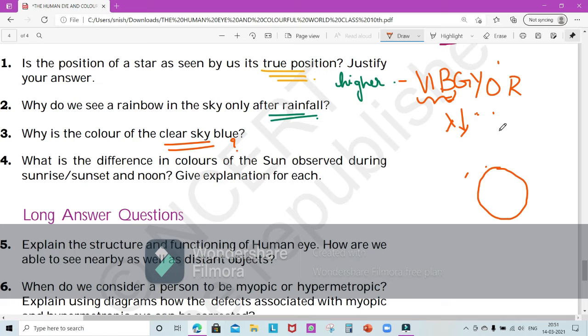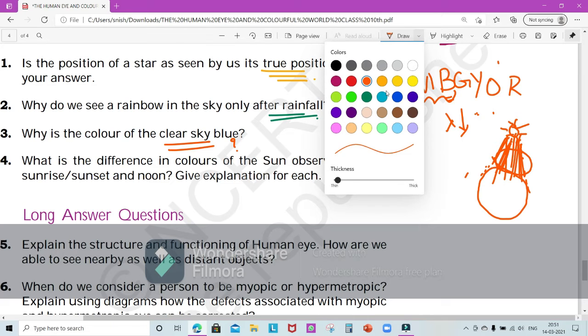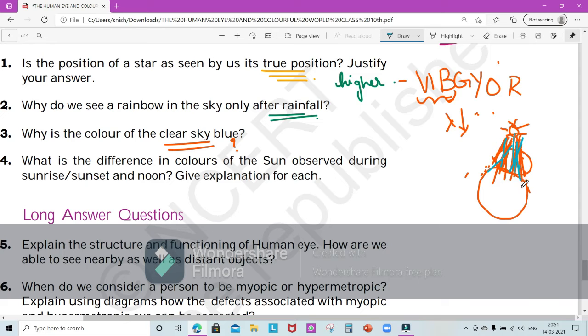In the sense, if this is the earth and we have the sun here, if the blue light reaches like this, it's all over this place. So this entire region will appear to be blue for you, and then you'll assume that the color of the sky is blue.